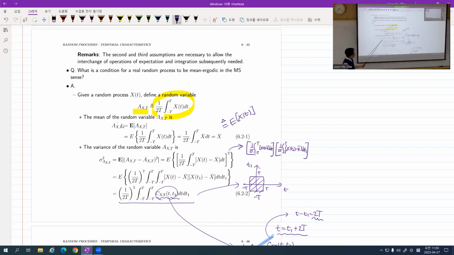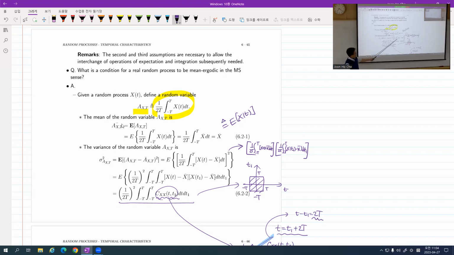And since this target limit is the same as the ensemble average of this random variable, one good thing is that what we are going to show converges to 0 is nothing but the variance of this random variable. So we just compute the variance, and we are going to show that this variance converges to 0 as capital T tends to infinity.